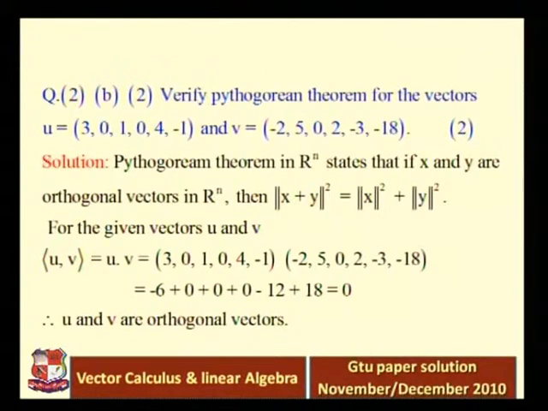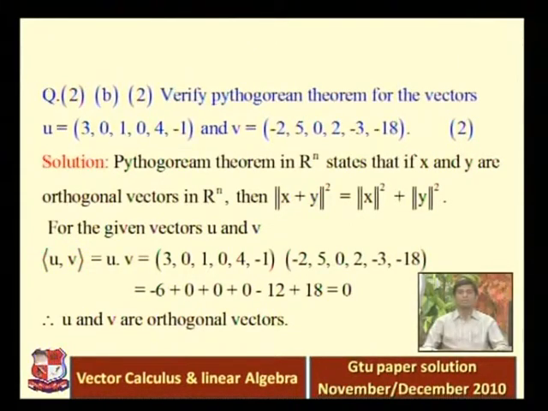Question 2b, second part. Verify the Pythagorean theorem for the vectors u and v, where u is equal to (3, 0, 1, 0, 4, minus 1) and v is equal to (minus 2, 5, 0, 2, minus 3, minus 18).